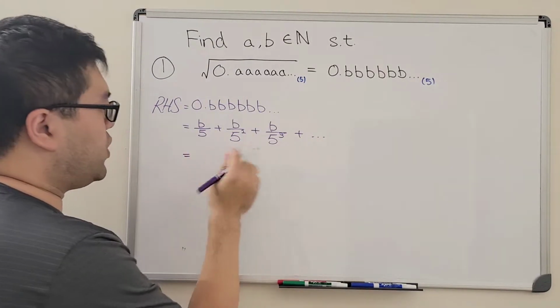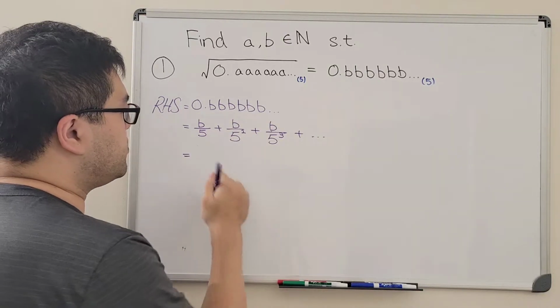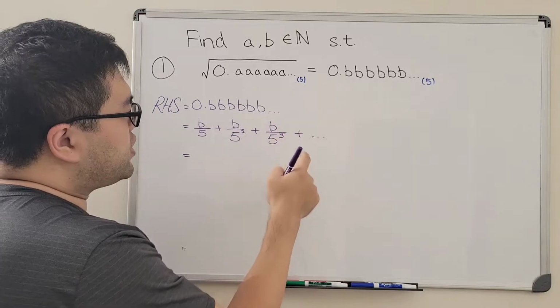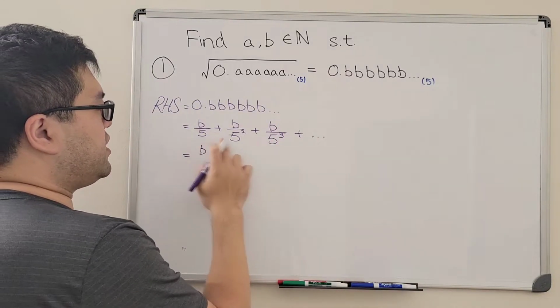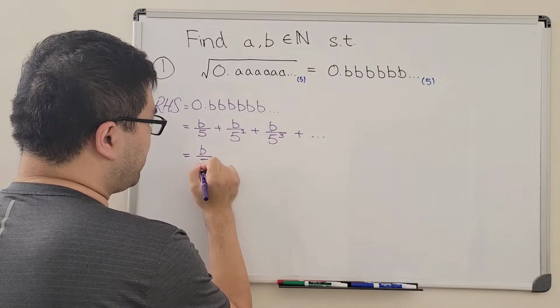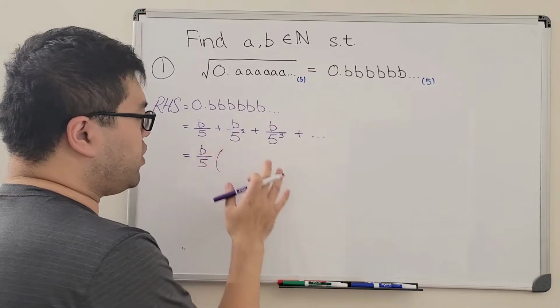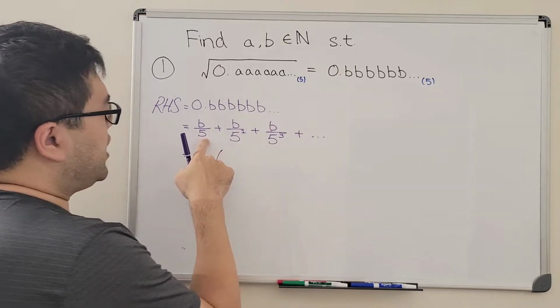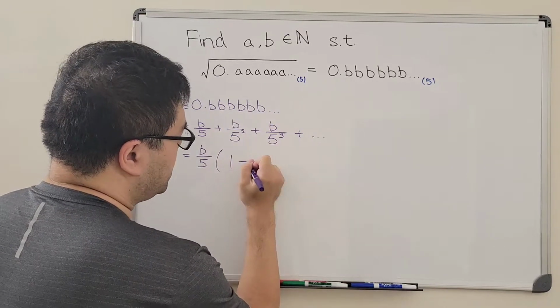So let's take a look at what we can do. Let's see if there's any common terms. Well, on the numerator, we see that there's a b for all the terms. And in the denominator, they all have a 5. So let's factor out b over 5 and see what we can reduce. After we divide by b over 5, the first term becomes 1.